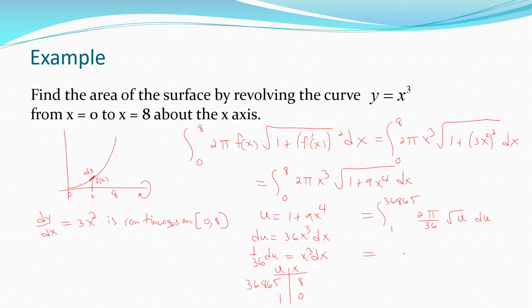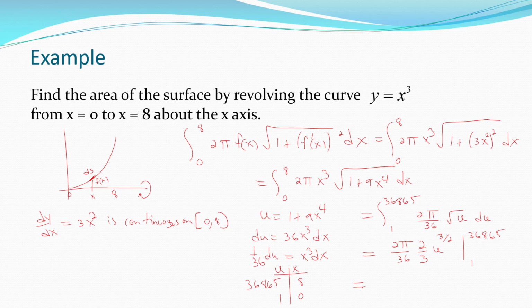That then becomes 2 pi all over 36. This is really u to the 1/2, so the antiderivative is I increase the power by 1 and multiply by the reciprocal of that power, and then I evaluate that from 1 to 36,865. So we get a not so nice answer.